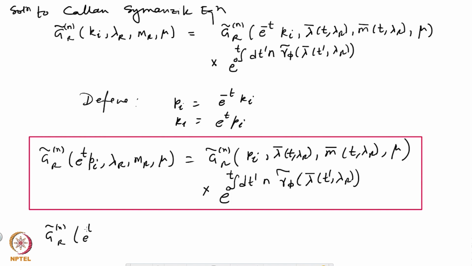to see. So it's just e to the t p Γ(λ_r, m_r, μ) is equal to G̃ N(R). Okay, I wish I had suppressed these also.